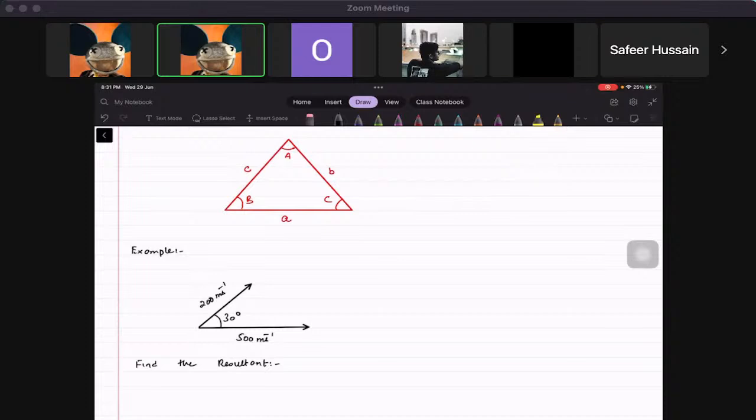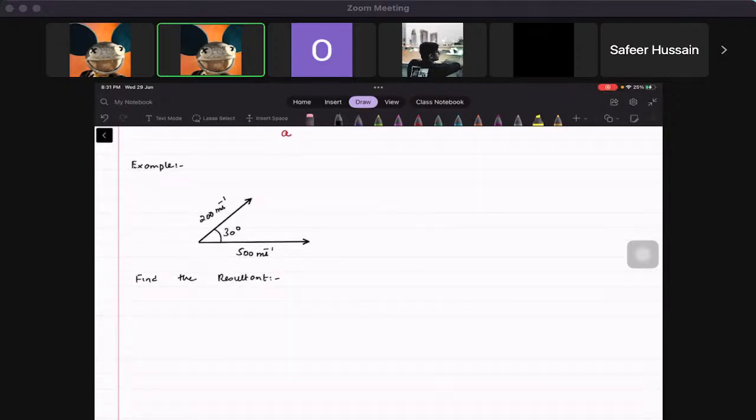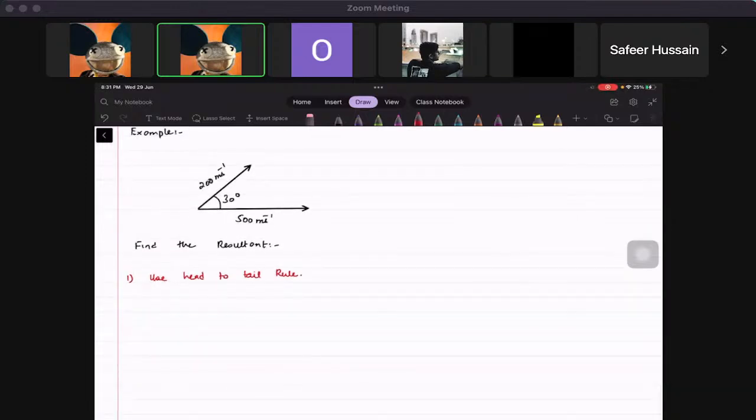So the first thing is you always use the head to tail rule. I have not said that you have to take a scale or whatever, because this is not graphical. You can just draw it like you generally draw it, right? You don't have to be very specific.